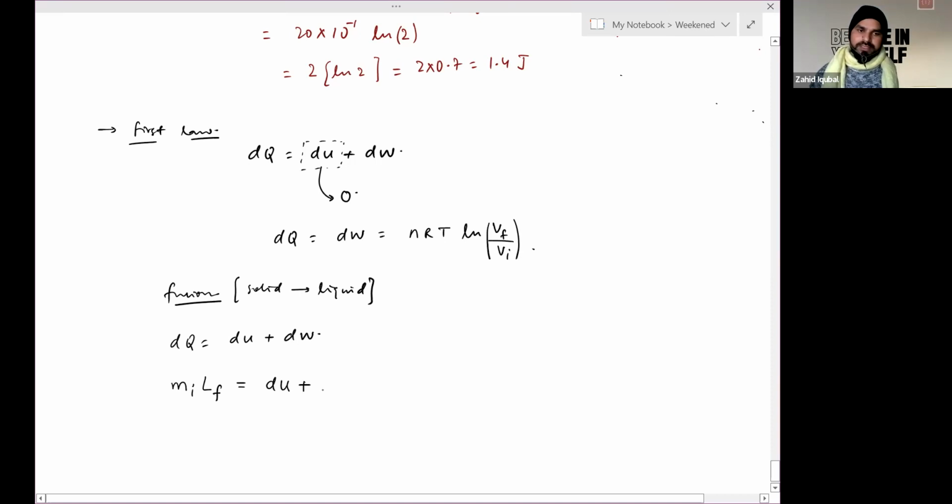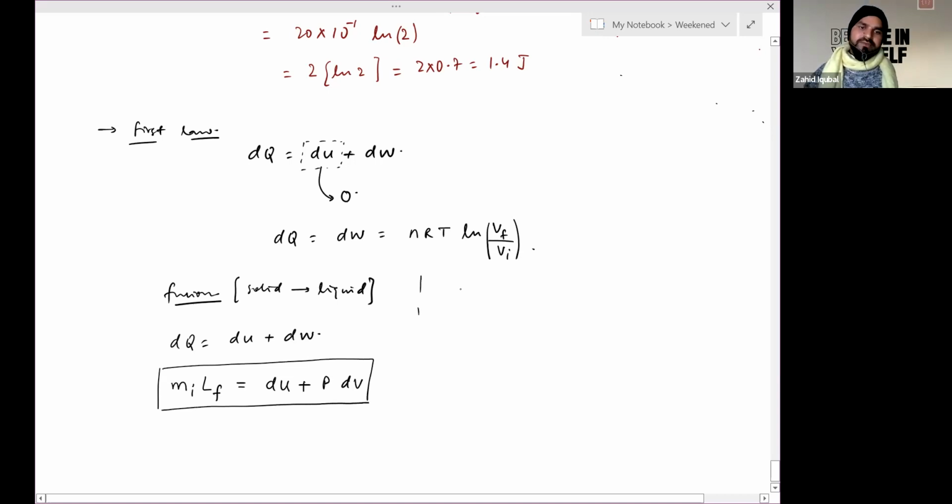And work done in this case will be P times change in volume. So you will have change in volume at some given pressure, mass of ice, latent heat of ice. Using this expression, you will be able to calculate the change in internal energy for this process.